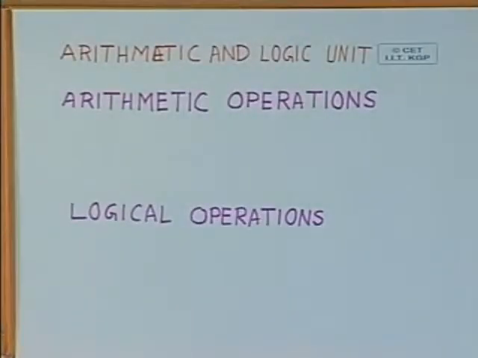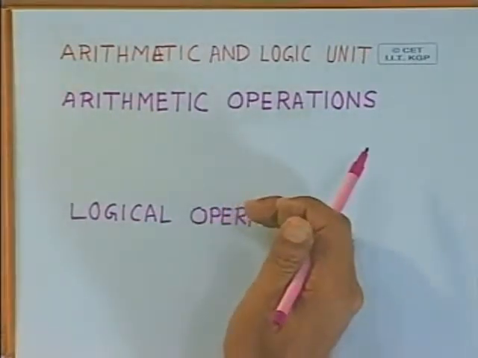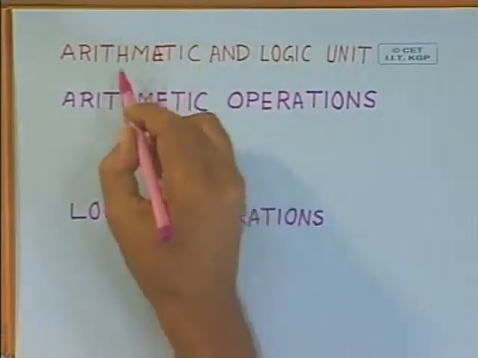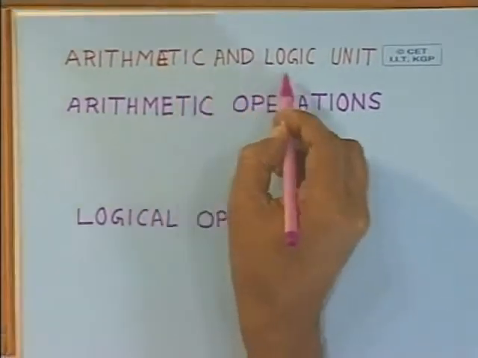What the ALU can do, as the name implies, the arithmetic and logic unit performs some arithmetic operations and logical operations. And as you know, the arithmetic operations are addition, subtraction, multiplication, division, then your increment, decrement.